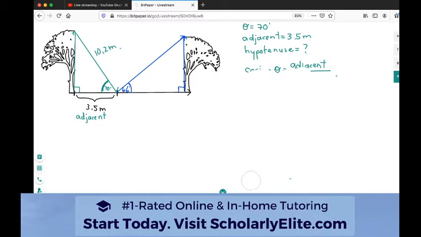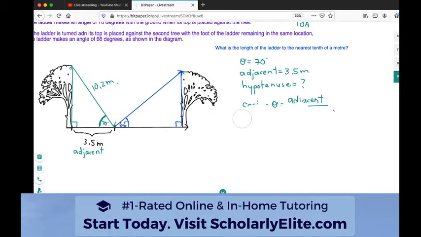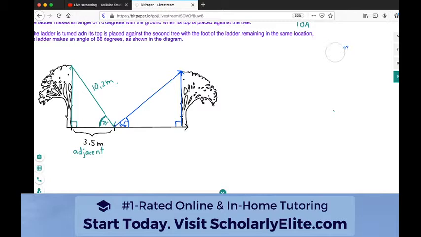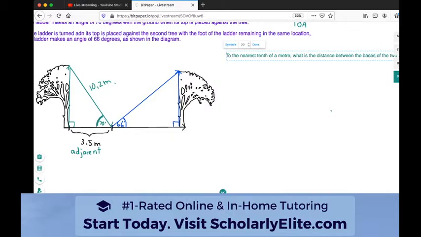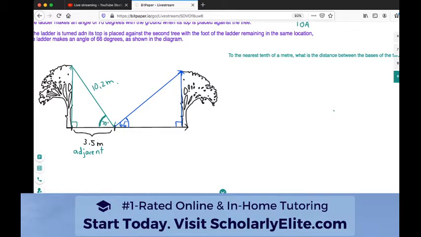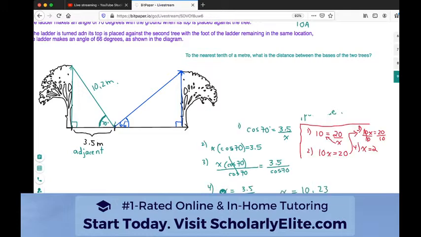And now the next part of this question is asking us, to the nearest tenth of a meter, what is the distance between the bases of the two trees? Great. So we're going to take that, move it over here. So this is what we're solving for now. To the nearest tenth of a meter, what is the distance between the two trees?